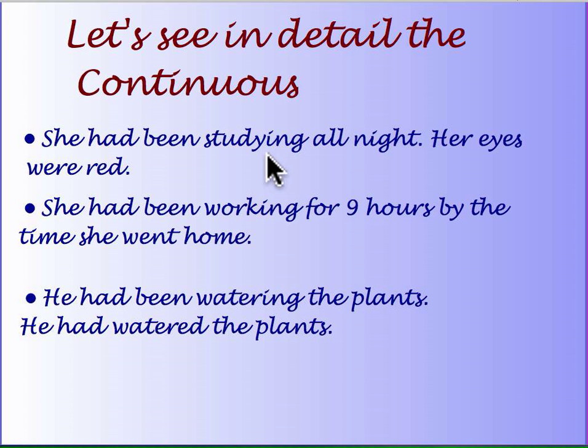Because you can also say she had studied all night. Her eyes were red. Yes, but we remember with the continuous we want to emphasize the constantly, repeatedly doing something. We want to emphasize the length. Or have a look here. She had been working for 9 hours by the time she went home.